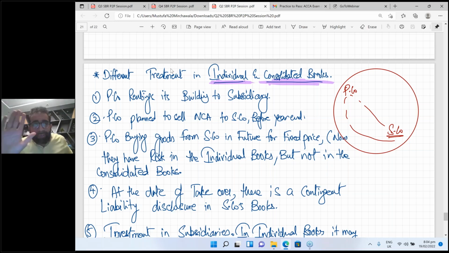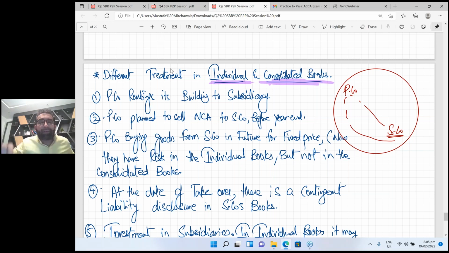So when this is a confirmed thing, in the individual books of the parent company, we should apply IFRS 5 non-current asset held for sale, and we should treat this asset as a current asset. Okay, right?